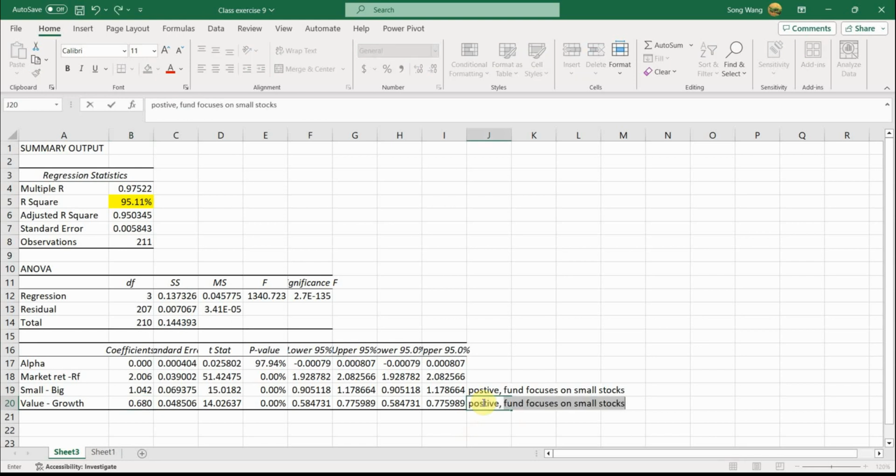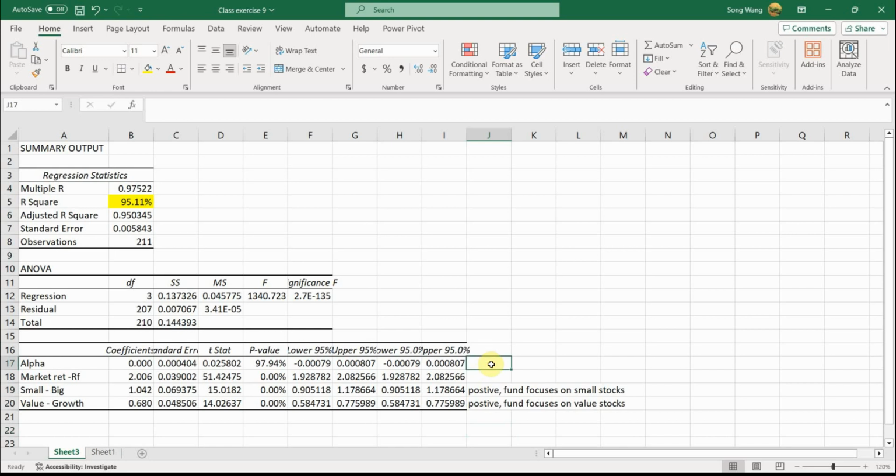So that means when the value stocks outperform the growth stocks, when that factor is positive, then this fund also has a positive return. So that means this fund focuses on value stocks. Alright, so this is how you explain the regression result based on the Fama-French three-factor model analysis. And for the other two, let me just write them down.